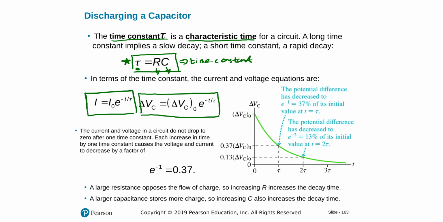At time t equal to tau, we have this much change. At time t equal to 2 tau, we'll have this much change. It will be e to the minus 2, because at t equal to tau I'll have e to the minus 1, because that's e to the minus t over tau. That will give me where I am decreasing. That goes for current as well. Current behaves the same. We can do the same for the charge as well.